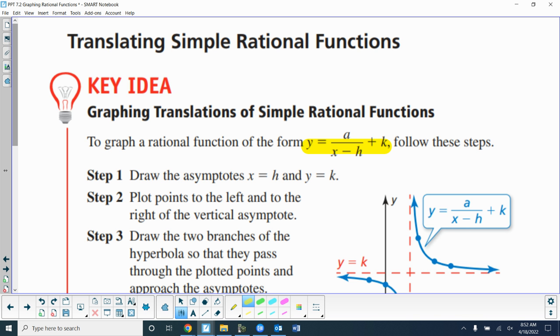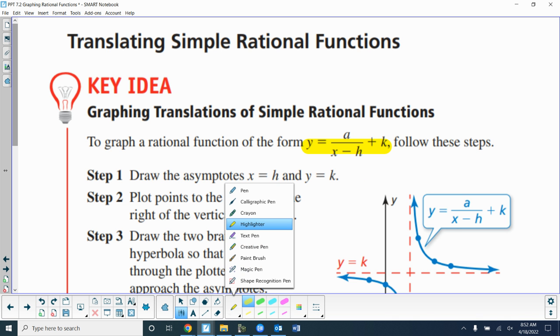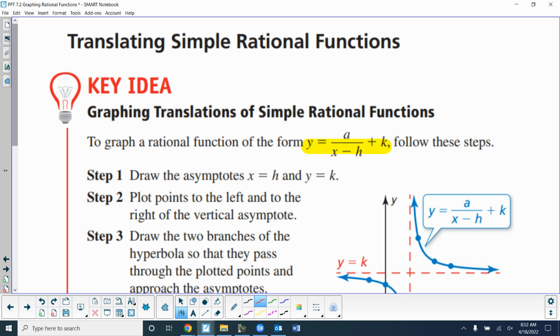Whatever the k is out here, is the horizontal asymptote. Again, horizontal is this way, right? Verticals up and down, okay? So the opposite of the h number is the vertical asymptote.